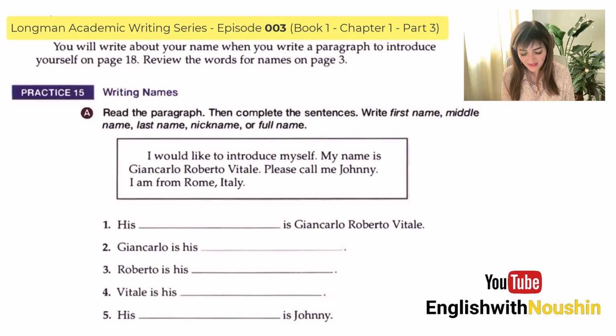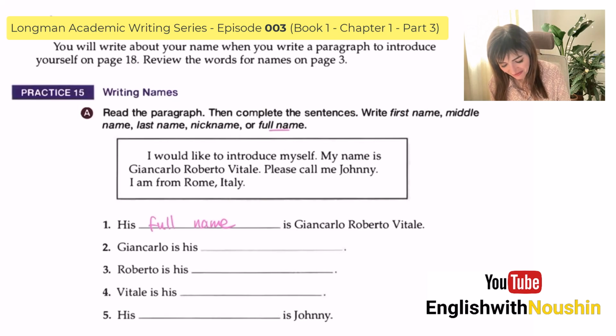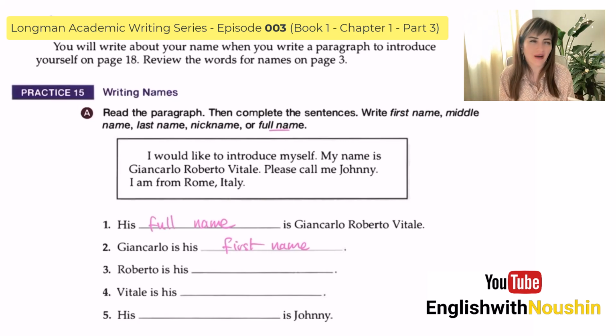How did I pronounce that the first time? Giancarlo Roberto Vitale. His full name. Giancarlo is his first name. If we have any Italians here, excuse my horrible accent. I've always loved Italian. Always.